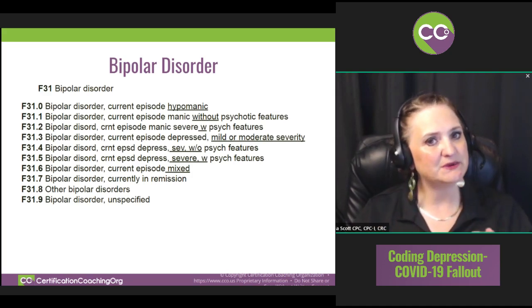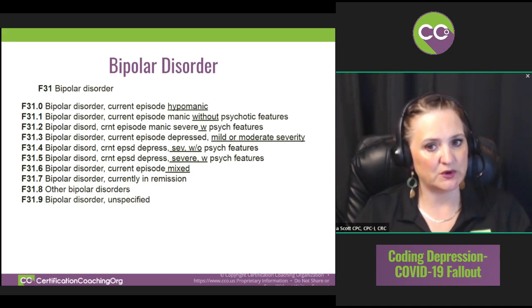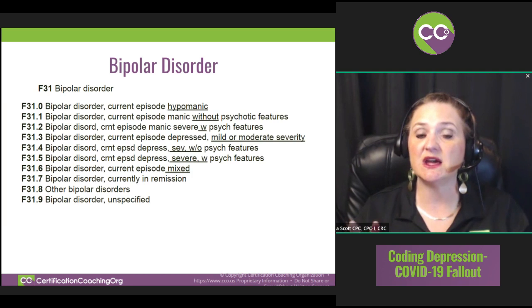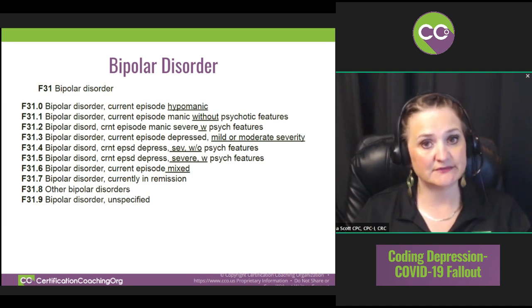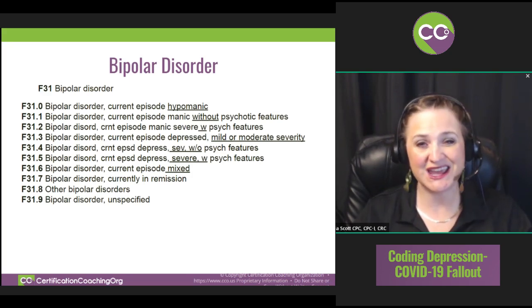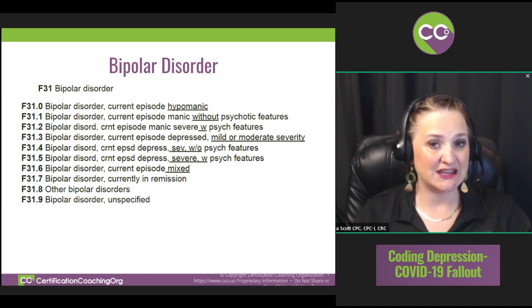But everything's like this with these F codes when we compare them to some of the other first character codes. So that's what's really important. Pay attention. You can't really make a guess.